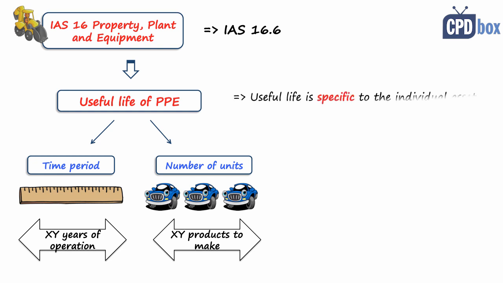So the useful life is specific to the individual asset and individual entity. It is well possible that a parent can use the same type of asset for a longer period than its subsidiary, and as a result, both can apply different useful lives.